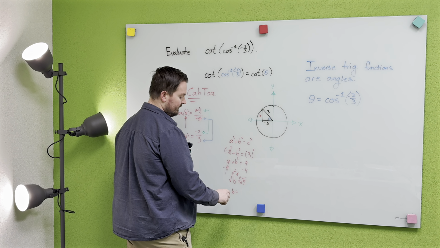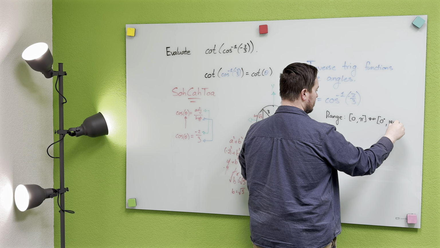If you recall, inverse trig functions, just like any other function, have a specific domain and a specific range. Cosine inverse can only give us angles between 0 radians and pi radians, which is the same as angles between 0 degrees and 180 degrees.